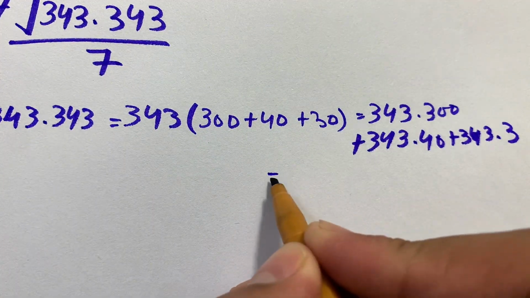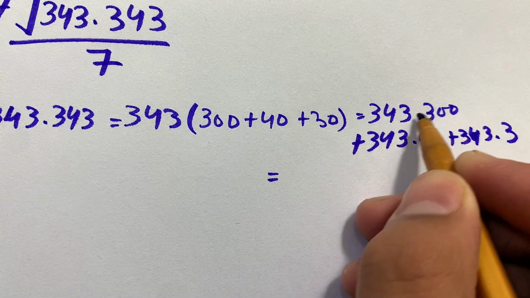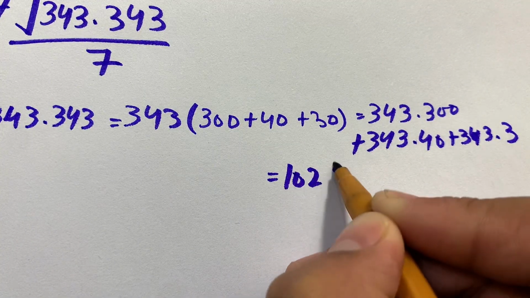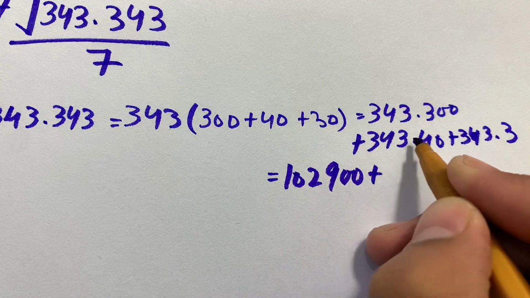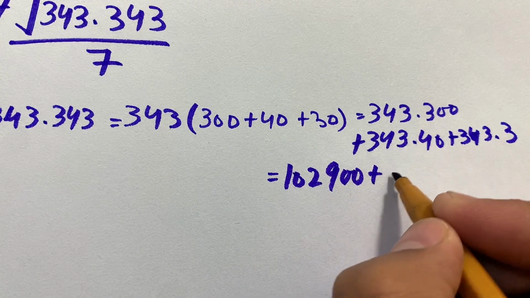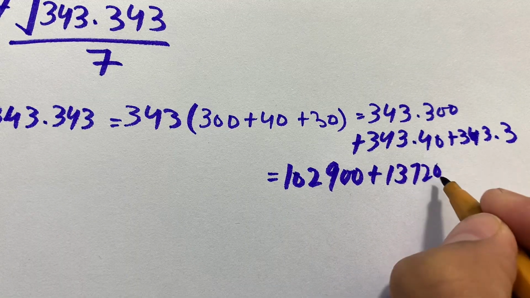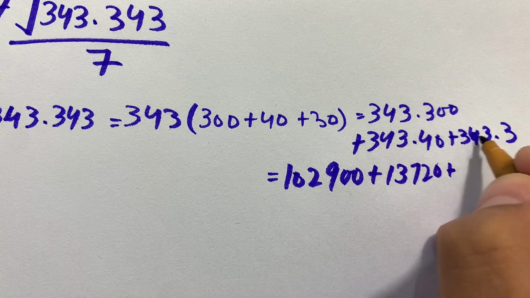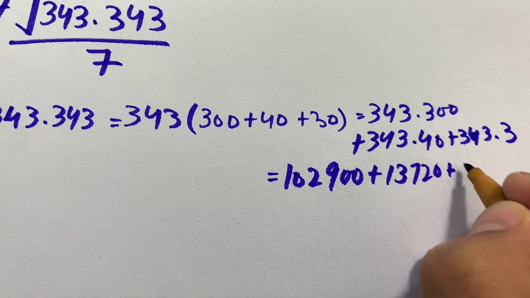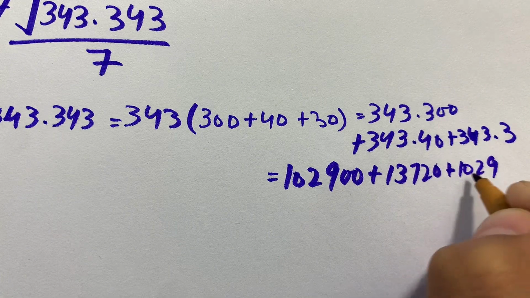That is equal to 3 multiplied by 343 is equal to 102900 plus this into this 13720 after calculation plus 343 into 3 is equal to 1029.